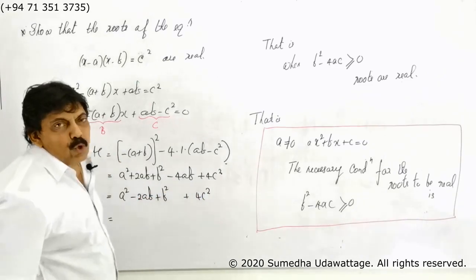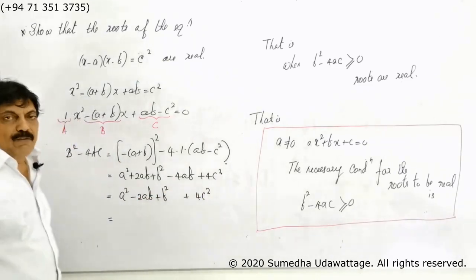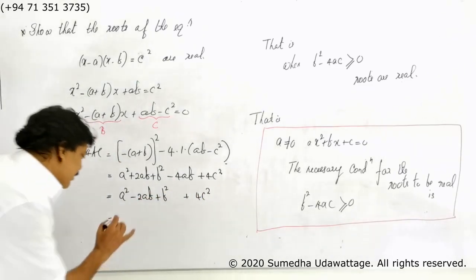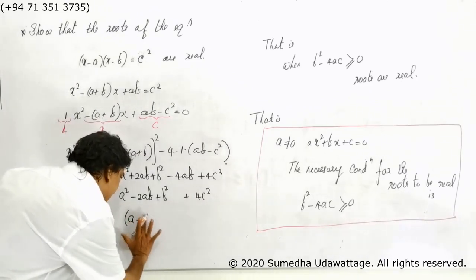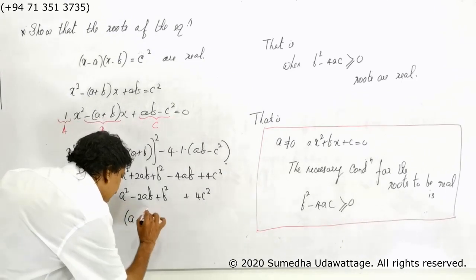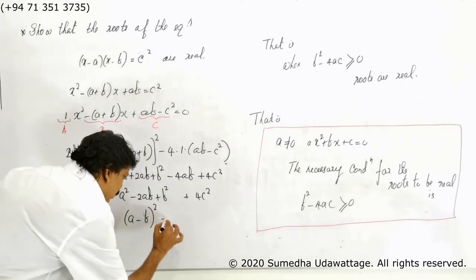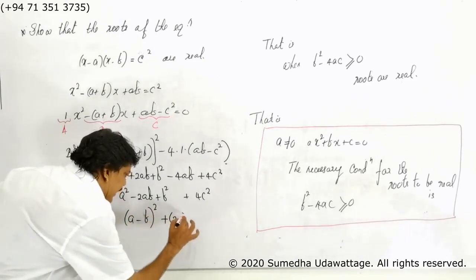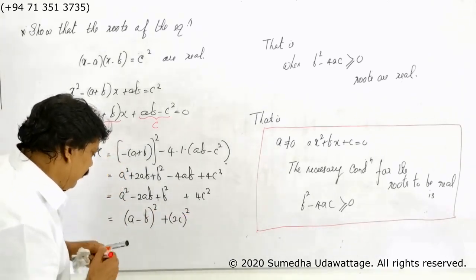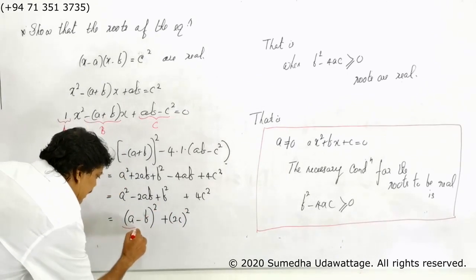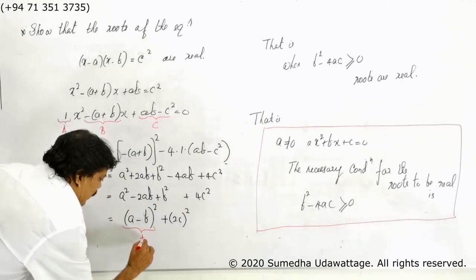Now we got to show that this is positive. We'll try to write this as a minus b, complete thing square, plus 2c, complete thing square. This would be a plus value since it's a square.